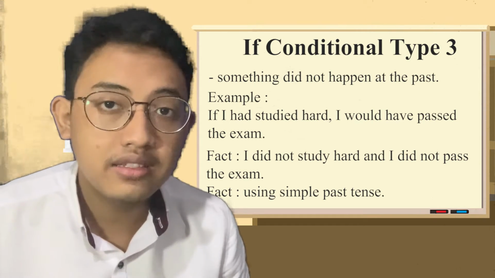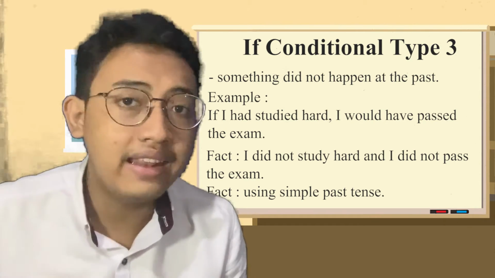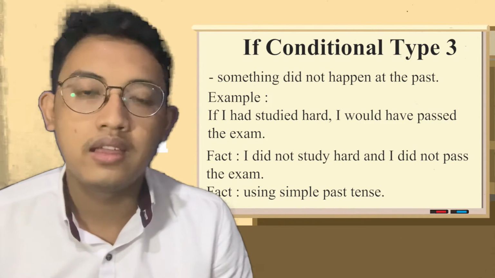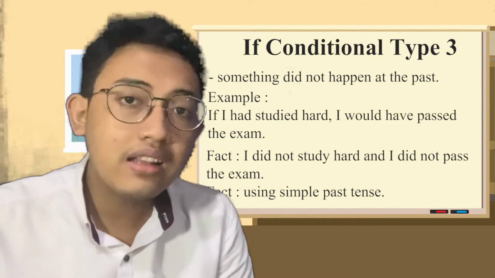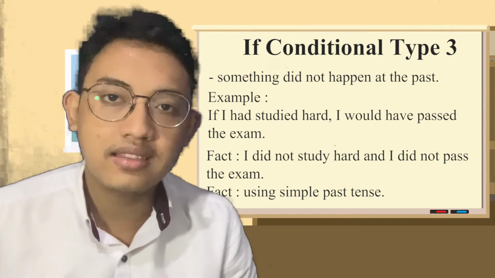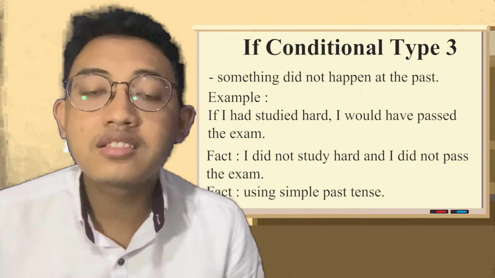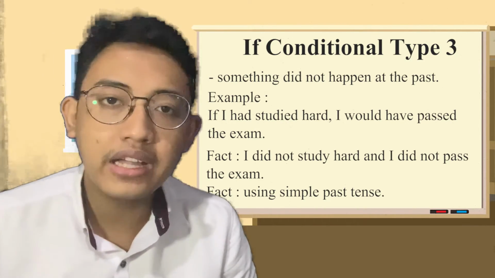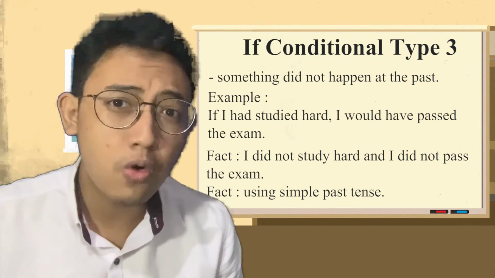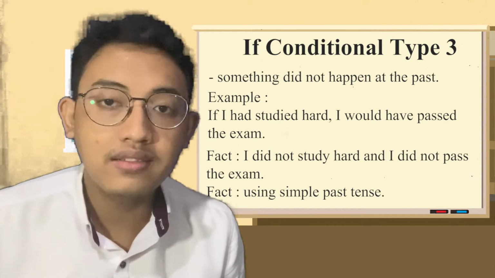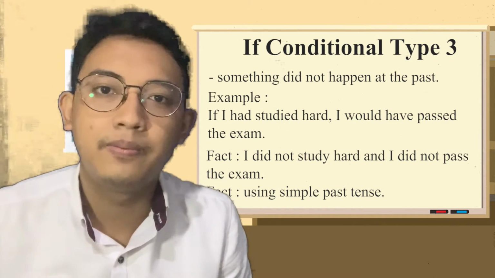From the sentence, we know the fact is I didn't study hard and I didn't pass the exam. The facts of conditional type 3 use past tense because if conditional type 3 talks about something that didn't happen in the past, and we can also say that if conditional type 3 talks about regret.